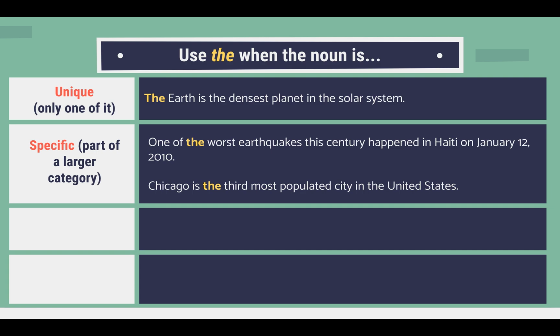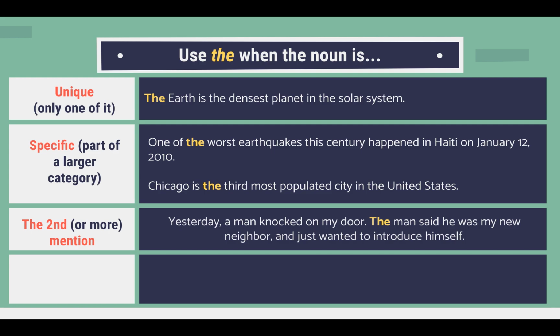A third reason we use the is when the noun is mentioned for the second time or the third time or the fourth time, meaning we don't use the when we mention the noun the first time, but we use it after. For example, yesterday, a man knocked on my door. The man said he was my new neighbor and just wanted to introduce himself.